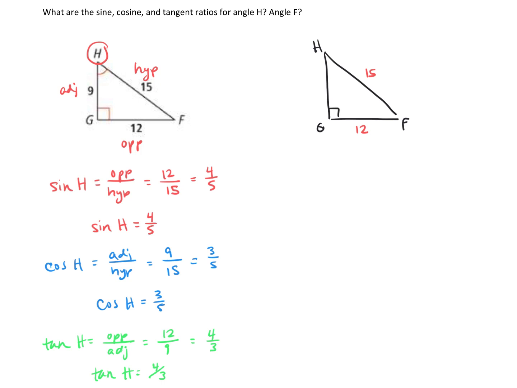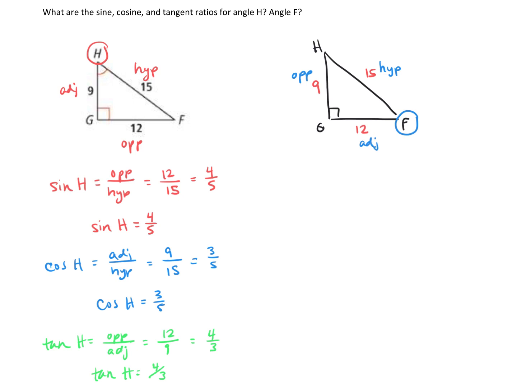All right, so we're going to do our same three trig functions, but we're changing angles. Now it's going to be all for angle F. That's going to change your opposite and your adjacent sides because now the side opposite to angle F is over here, the side length of 9. The hypotenuse is still the hypotenuse. That's not going to change, but your adjacent side is now the 12.